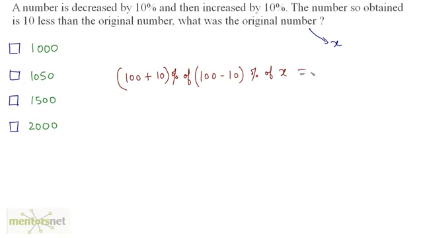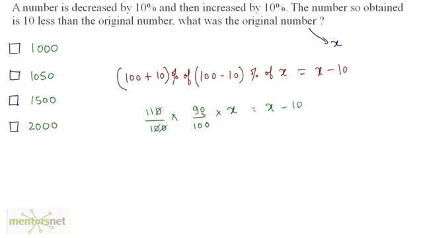So this is equal to, the number so obtained is 10 less than the original number, so the original number minus 10. Now we can solve this. This has become quite easy. 100 plus 10% is 110%, meaning 110 by 100 times 90 by 100 times x is equal to x minus 10.